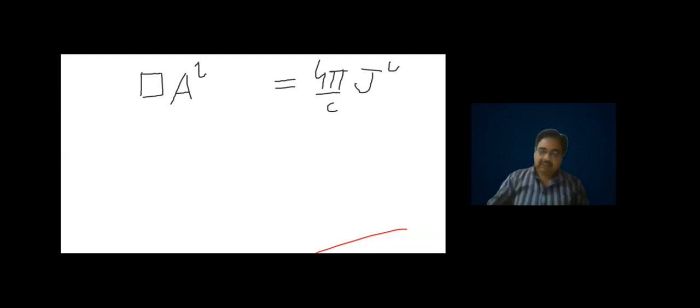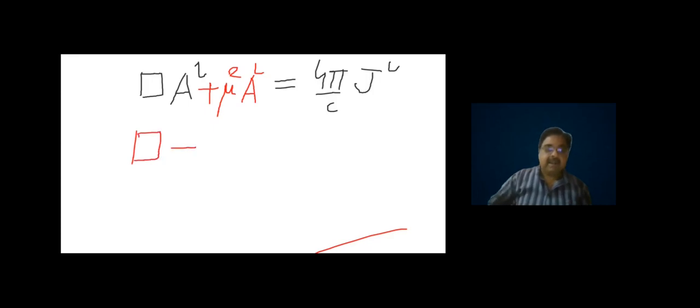Now, this is the case when the photon is massless, but if you put the photon with some mass here, then this will change, and you will write here mu square and A_i. Okay. So now you can see the whole equation is consistent, and some people also write it like this. The first box, remember, is the D'Alembertian, right?